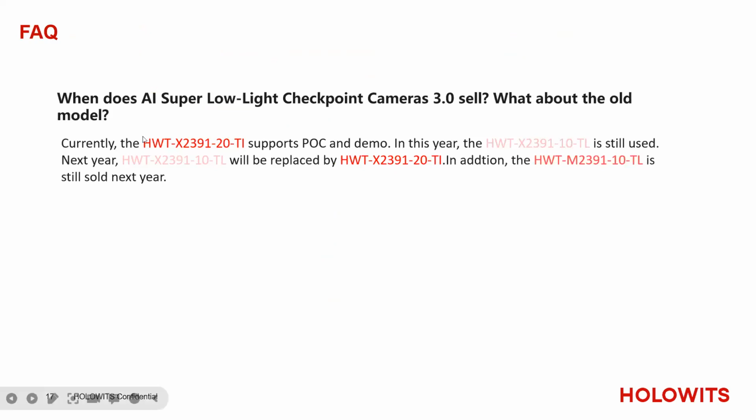And here is the FAQ about the AI super low light triple cameras. When does the AI super low light triple camera 3.0 go on sale? What about the old model? Currently, the HWT X239120 TI supports POC and demos.